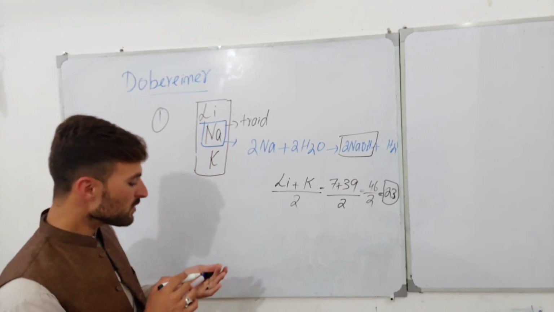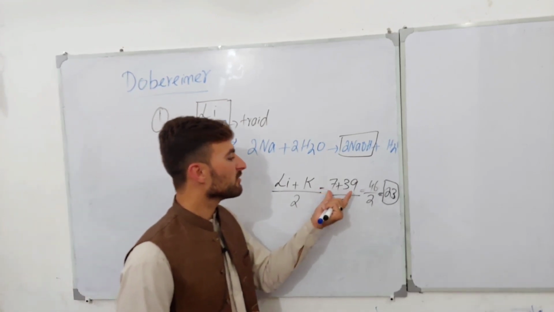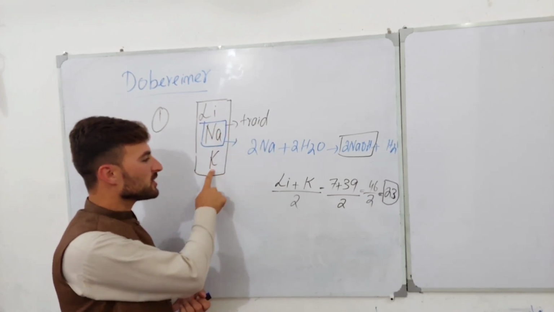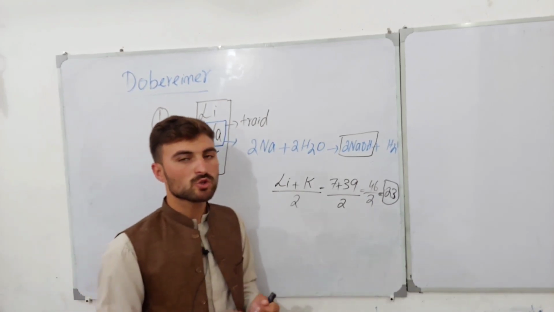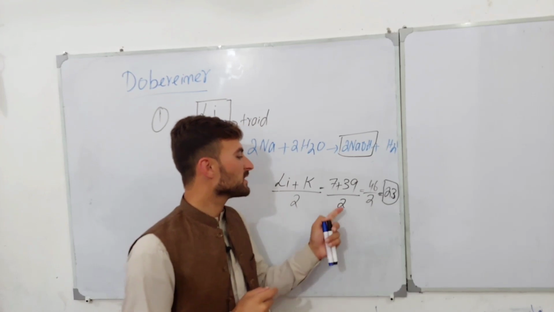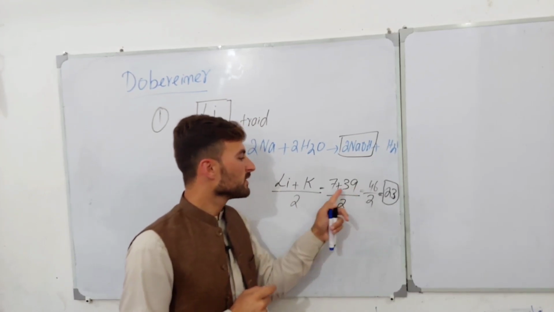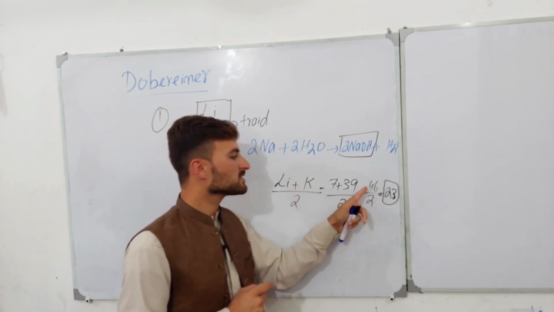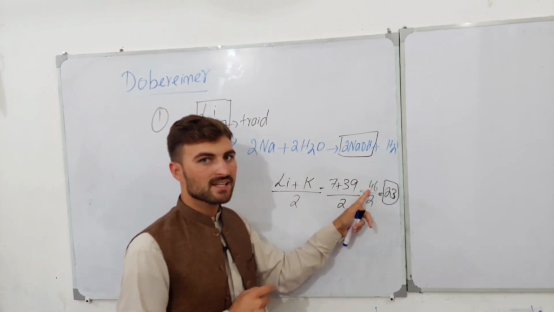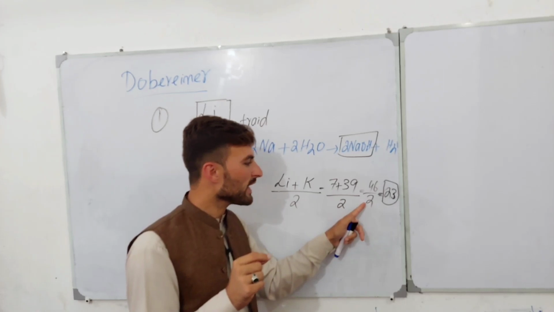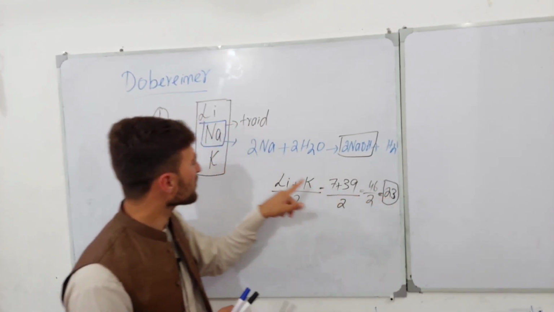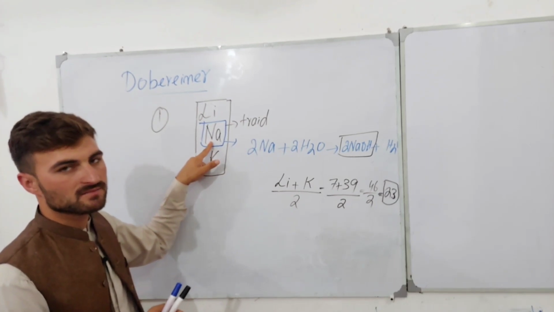How did he find it? He added the atomic weights of these two elements, lithium and potassium, and divided that value by 2. The sum of the atomic weights of these two elements is 46, and he divided 46 by 2, and the final answer is 23. So 23 is the atomic weight of the middle element.